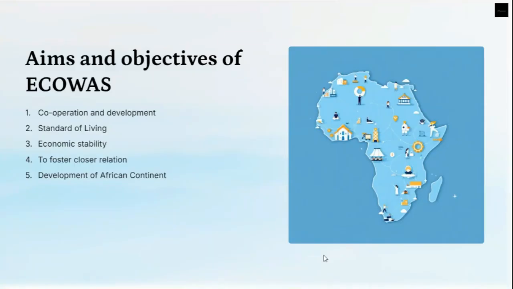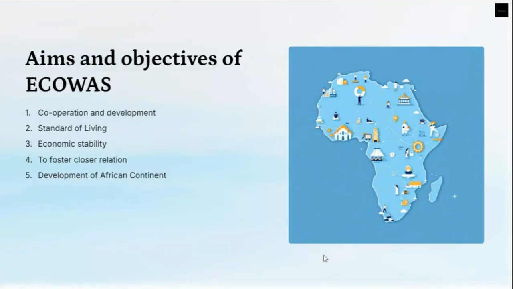A lot of countries, even Nigeria is far better than a lot of African countries. So the standard of living is one of the main objectives of ECOWAS as well, to promote standard of living.